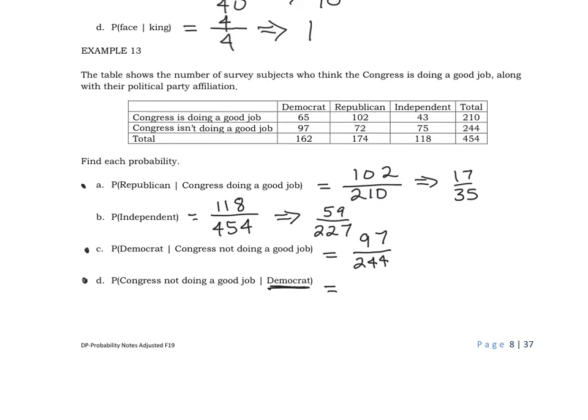So let's look at that. I really should have chosen a different color of ink, but I think we'll all live through it. So there are a total of 162 Democrats. Of those Democrats, how many people think Congress isn't doing a good job? Well, 97. So I think you see that these are different questions.